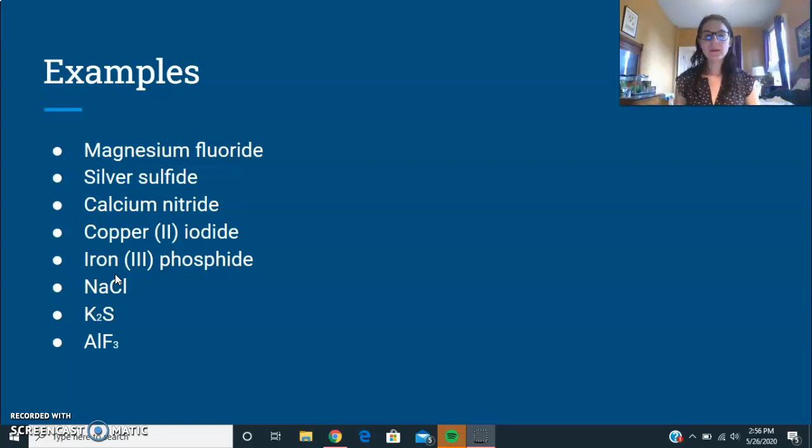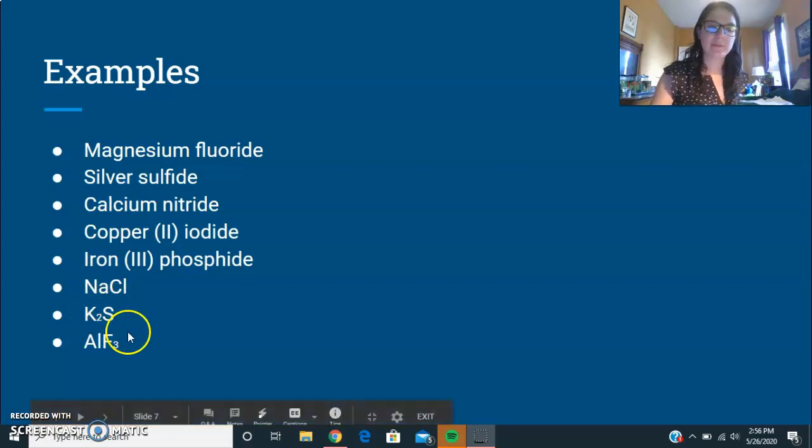Okay. Then NaCl is sodium chloride, so name of the metal, sodium, and then name of the nonmetal ending in ide. We have potassium sulfide, and we have aluminum fluoride. So sodium, potassium, and aluminum, none of those are transition metals, so we do not need any Roman numerals for those names.